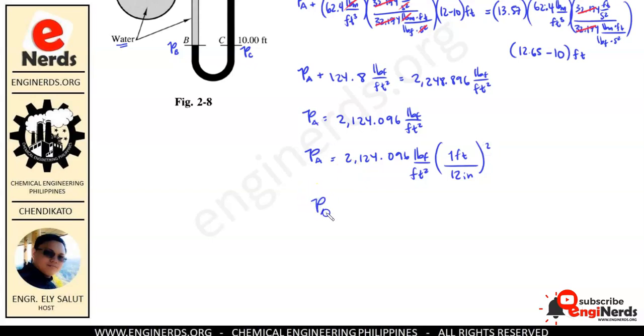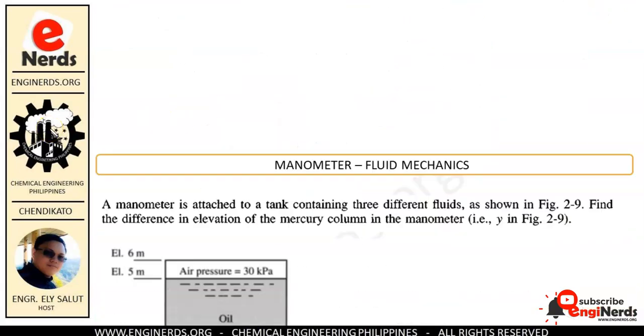So, our pressure in A is equal to 2,124.096 divided by 12 squared, and this is equal to 14.75 PSI, and this is in gauge pressure, no? Well, this is our final answer for this problem. And now, guys, let's go to the final question here.